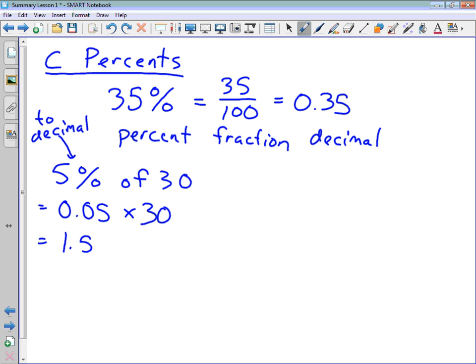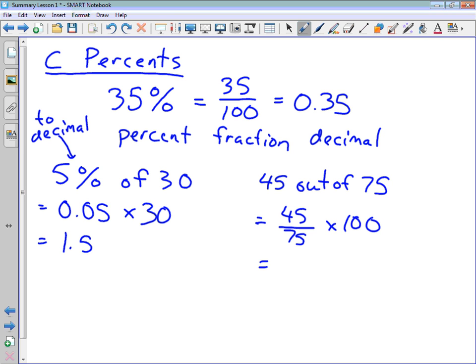Another example might be something like, if I've got 45 out of 75, how do I calculate that as a percent? Well, I just do 45 divided by 75, multiplied by 100, punch it into my calculator, and I get 60%.